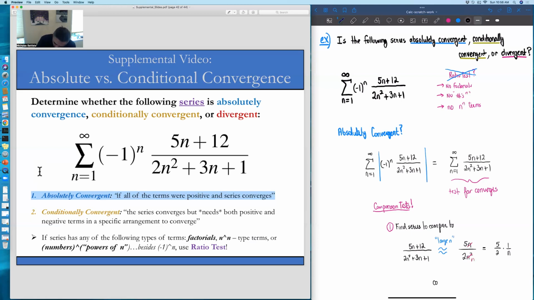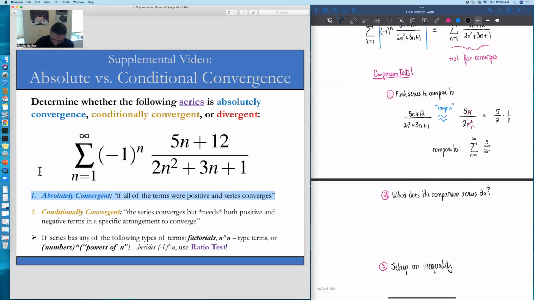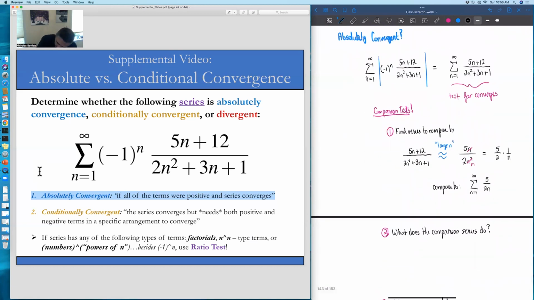So we're going to compare to the following series: the sum from n equals 1 to infinity of 5 over 2n. We need to next see what this series does. Does it converge? Does it diverge? We can take out a 5/2 in front, and then we have the series from n equals 1 to infinity of 1/n.